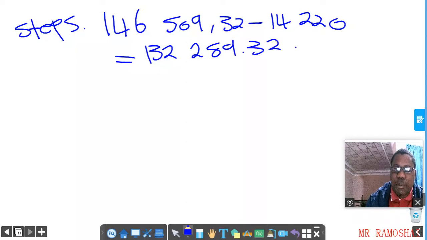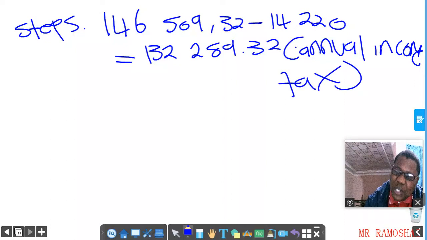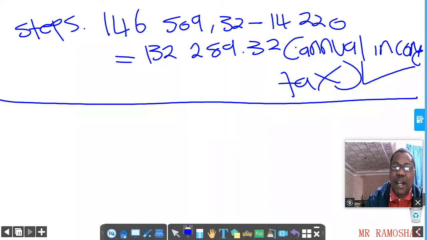Right, what do we call this amount? This is an annual income tax. Is this what we are looking for? Yes, we are not looking for the monthly. That means we stop at step number 5. That is how I made it easy.